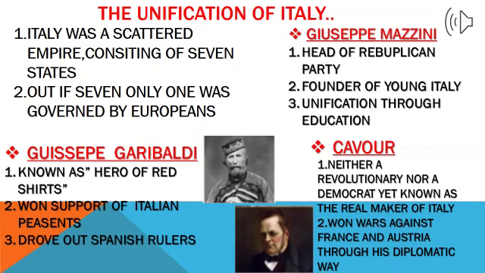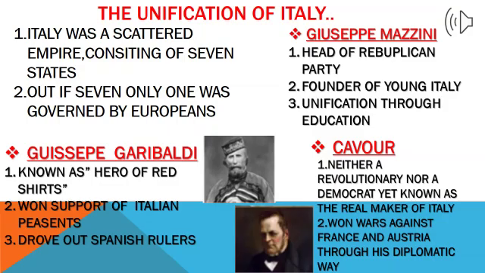So these three people put their effort into unifying Italy, and apart from regular troops, a large number of armed volunteers under the leadership of Giuseppe Garibaldi joined the war. In 1861, children, the process of unification of Italy was completed, and Victor Emmanuel II was proclaimed the king of United Italy.